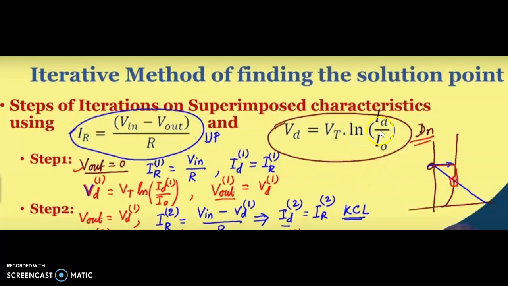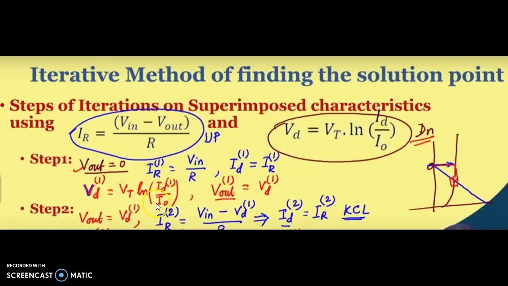This is pull down, this is pull up. Step 1: V out equals 0, Vd equals Vt ln of Id1 divided by I naught.